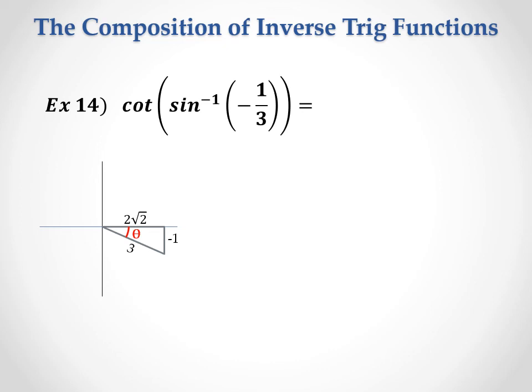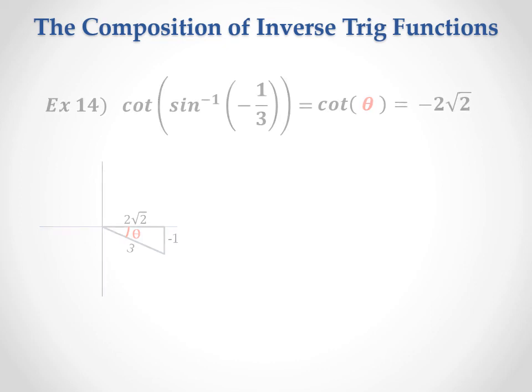We use the Pythagorean theorem to find 2 square roots of 2. That is not one of our special right triangles, so there's no way to find what theta is. But we don't need to, because we're not asking you to find the inverse sine of -1/3. We're asking you to find the cotangent of the inverse sine of -1/3, and we know what the cotangent of that angle is.